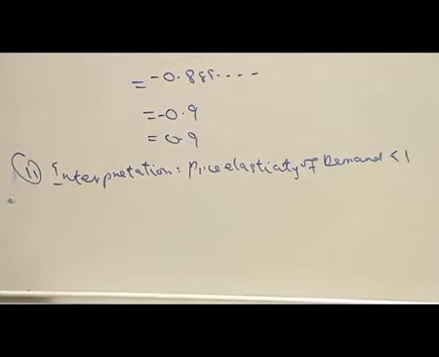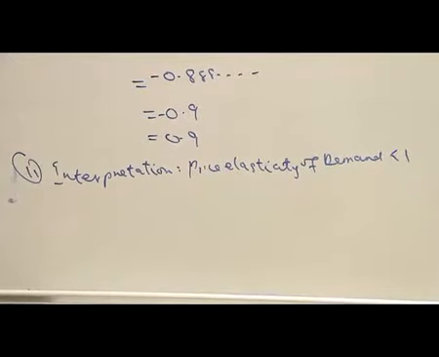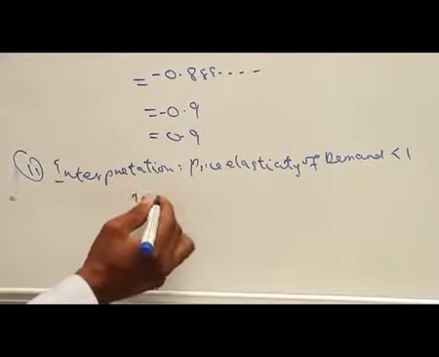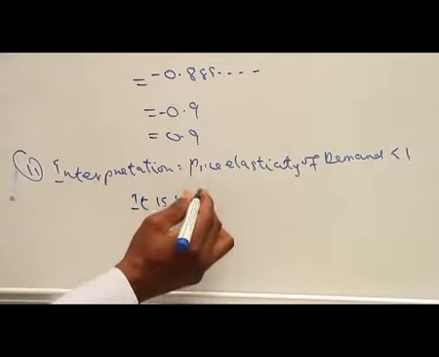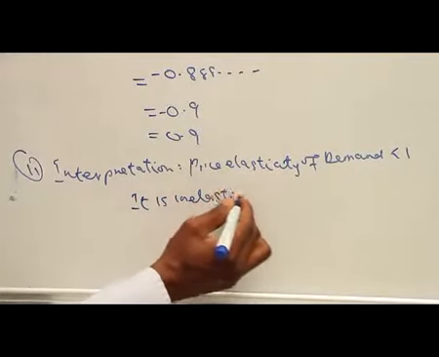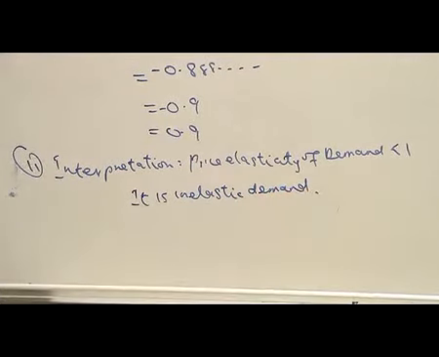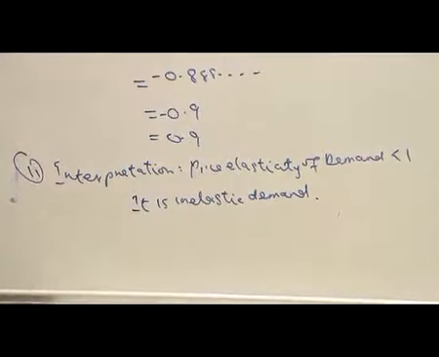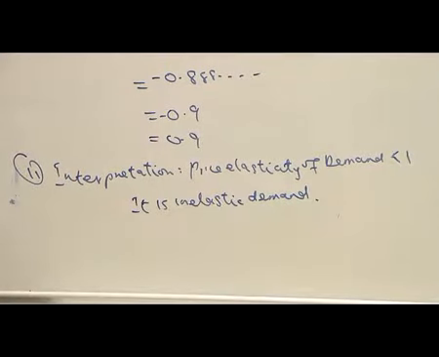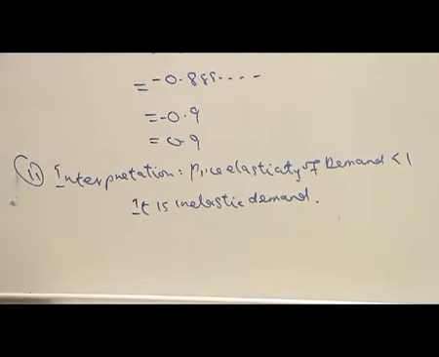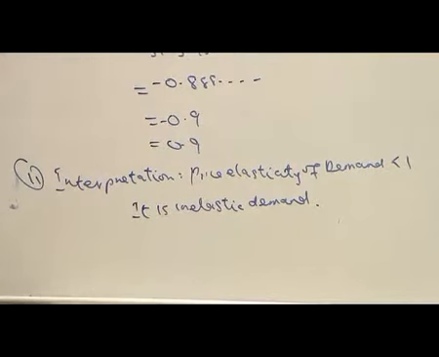Among the kinds of price elasticity of demand that we have discussed, the one that is less than 1 is inelastic demand. So, looking at our table, the data that we used in solving the price elasticity of demand indicated that the price elasticity of demand of that data happened to be inelastic demand.